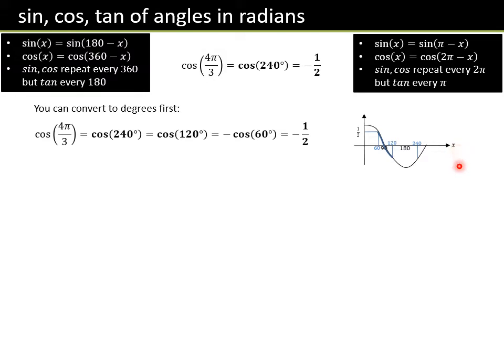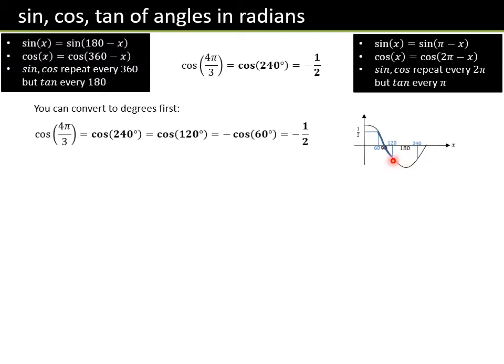where that comes from is the symmetries in the cosine graph here. So a reminder of how these equivalences work. We're symmetrical around 360 here for the cos graph, and I'm looking at cos 240. It's 60 degrees above 180. It's going to be the same value as 60 degrees below 180.